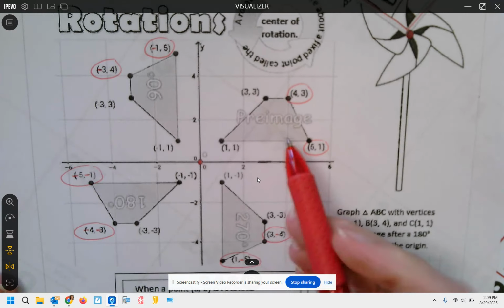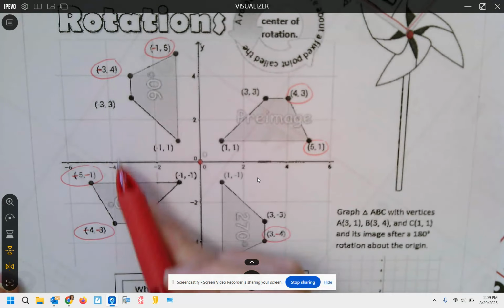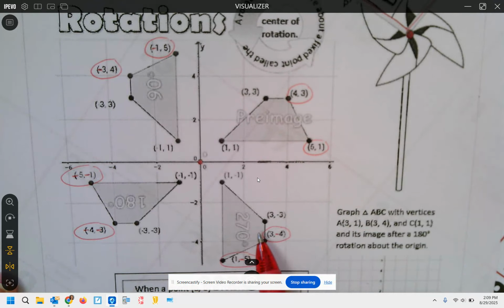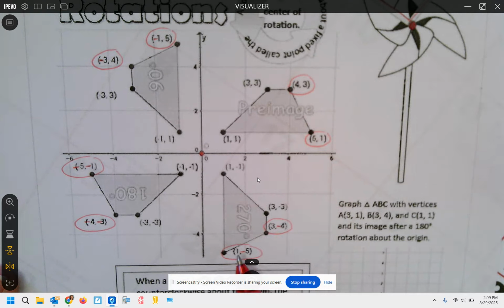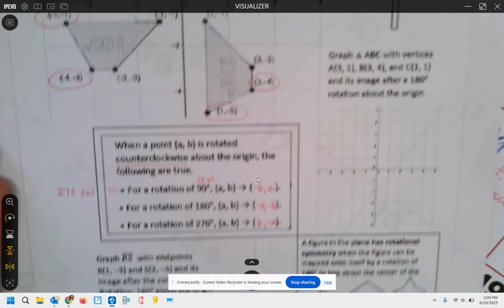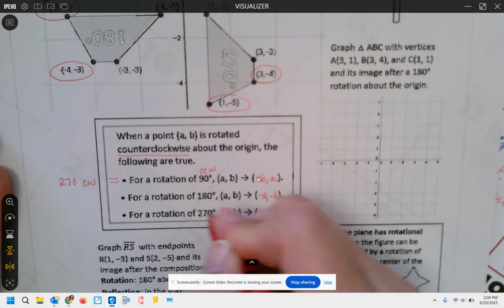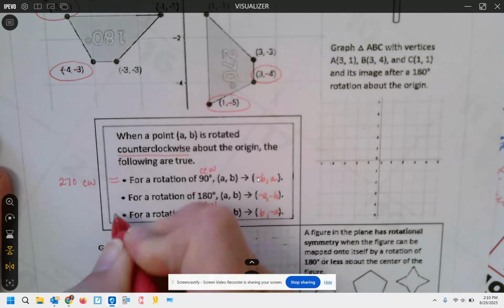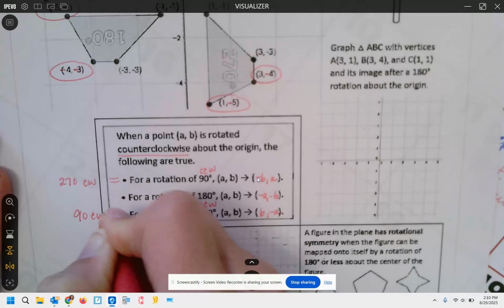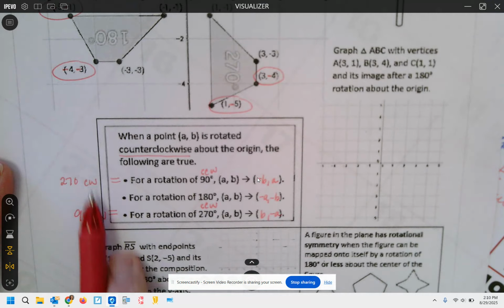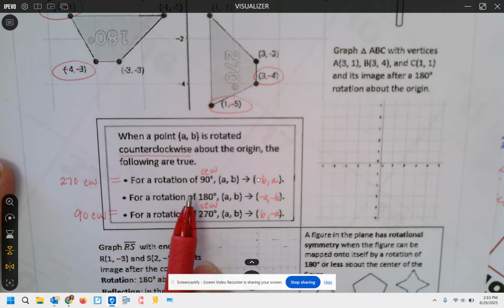And in a similar way, if I took my pre-image and went counterclockwise 270, that would be the same result as if I simply went clockwise 90. So a rotation of 270 counterclockwise is the same result as 90 degrees clockwise. So if it ever talks about clockwise, you can always relate it back to this rule that's counterclockwise because the movement is equivalent.